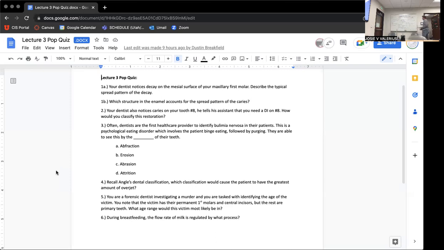But then we also have a mnemonic, and it goes like this: cool logs find canine saliva.